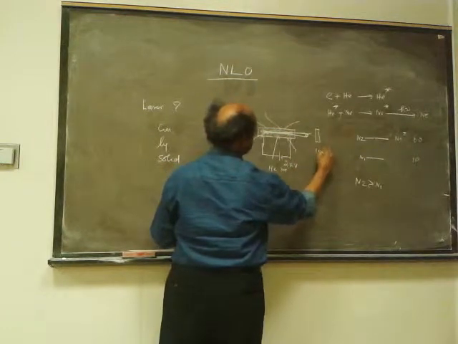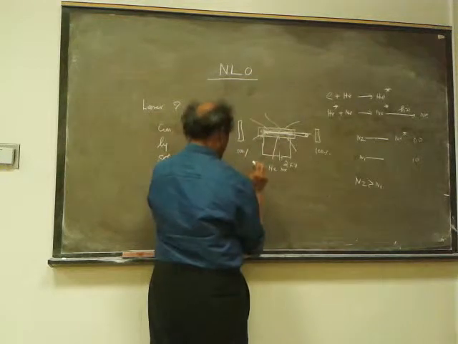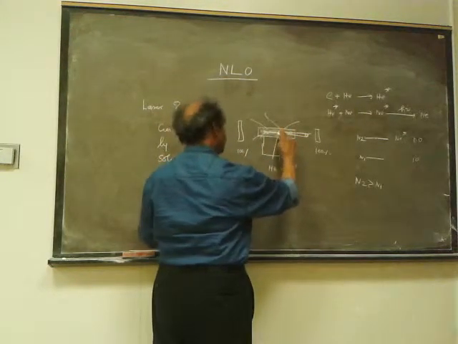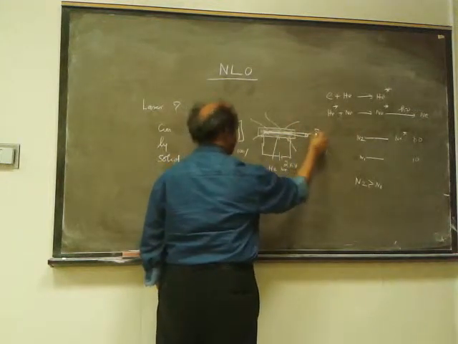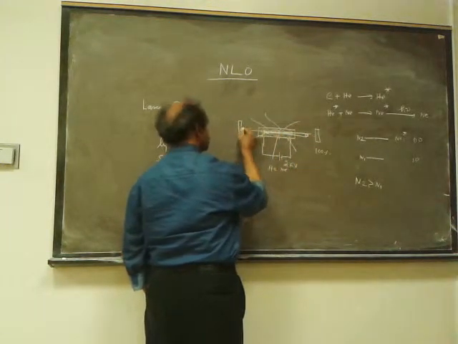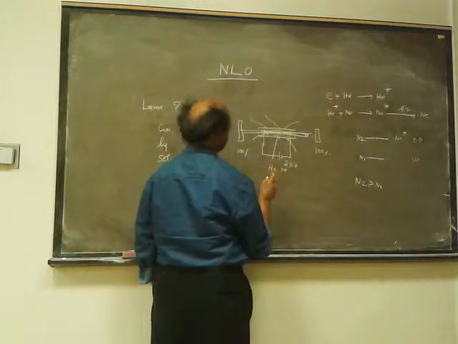This is 100%, this is also 100%. Then what would happen? The stimulated photon going here will be reflected back. When it reflects back, it comes and produces more stimulated emission.